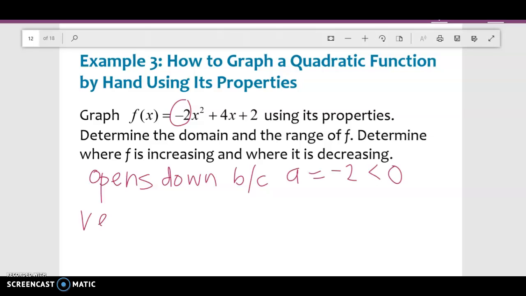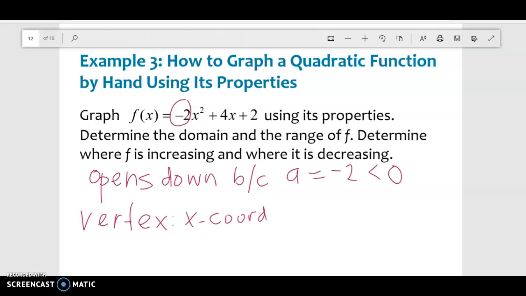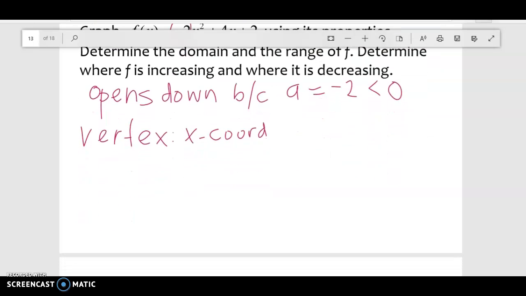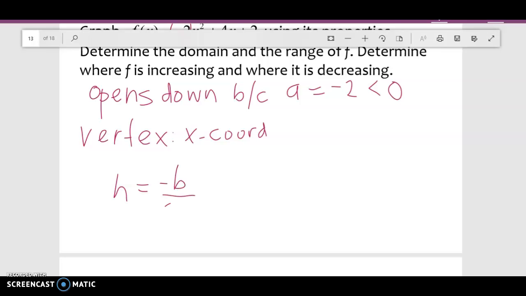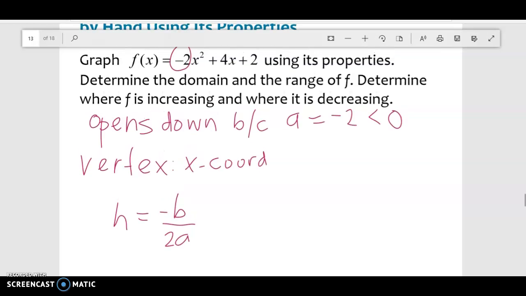So for our vertex, we want the x-coordinate. I'm going to find h. h is equal to negative b over 2a. Let me scroll back up right here.